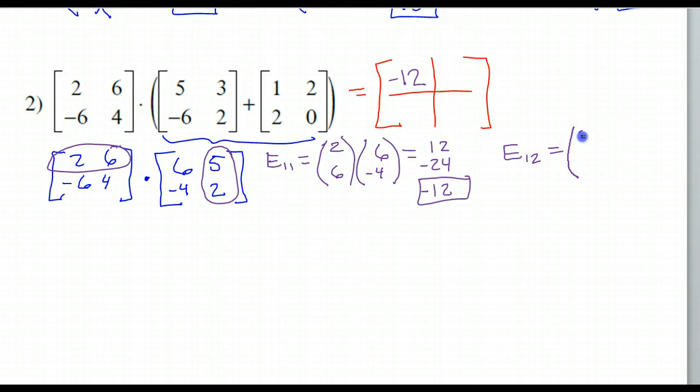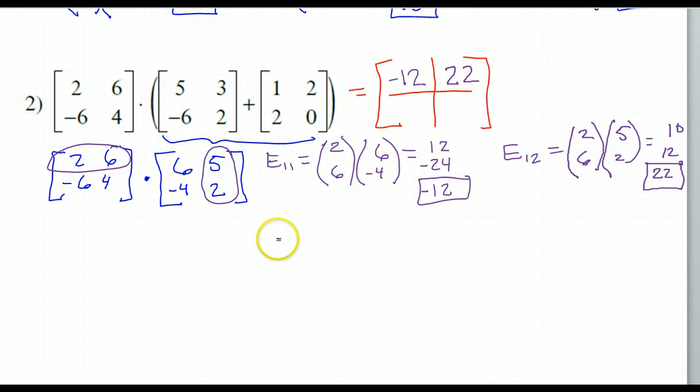So that's going to be 2, 6, there's row 1, and this is going to be 5, 2, there's column 2. If I put these together, that's going to give me 10 and 12, which is 22. So this is 22.